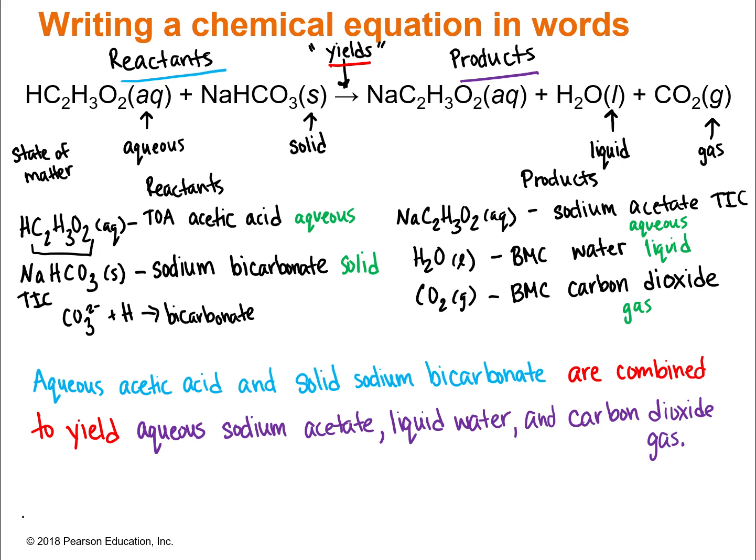Now, this reaction is something that you may have done before because it's just mixing vinegar, which is acetic acid, and baking soda to make a baking soda volcano. The only thing that you don't see here is to make the bubbling a little bit more dramatic, you add some dish detergent.